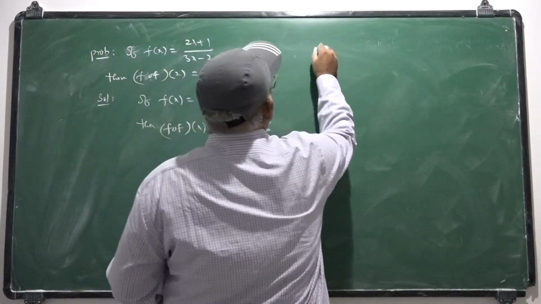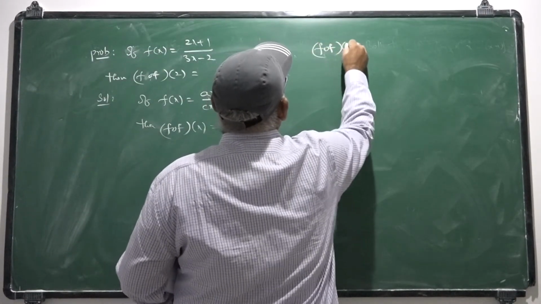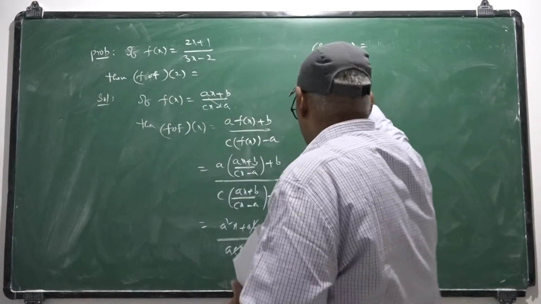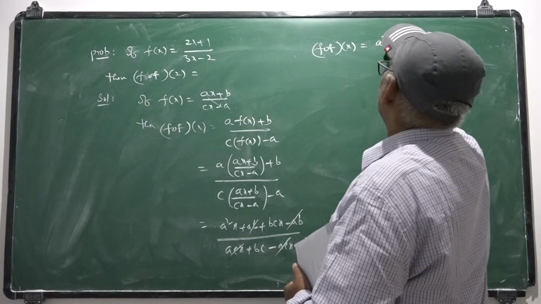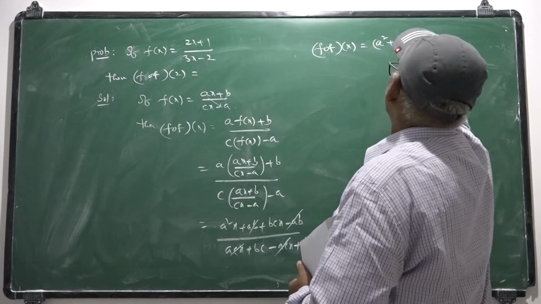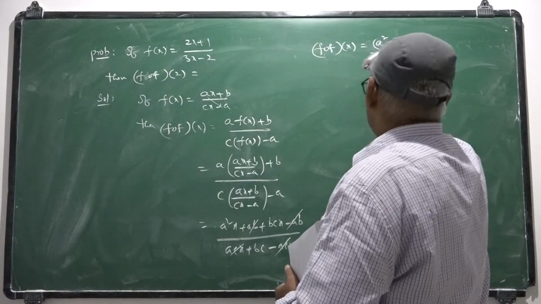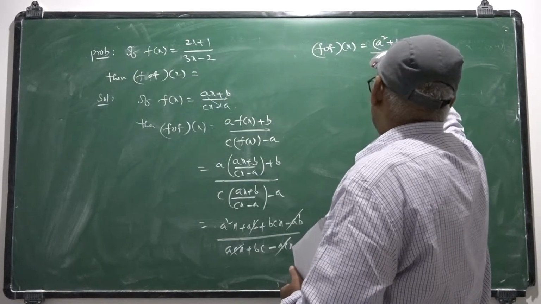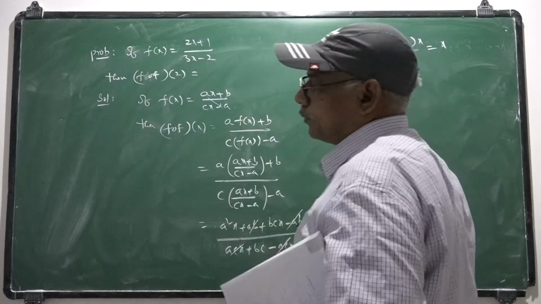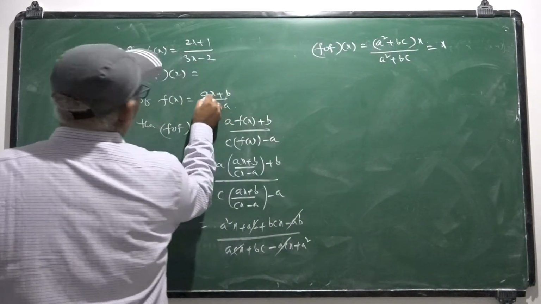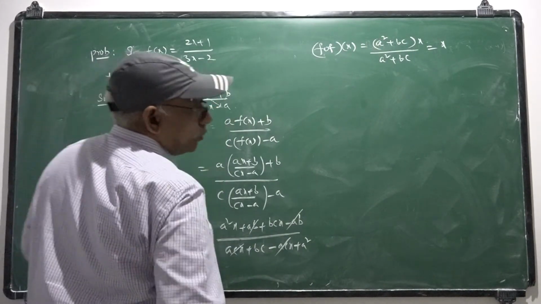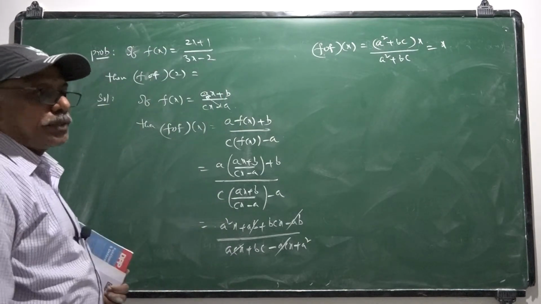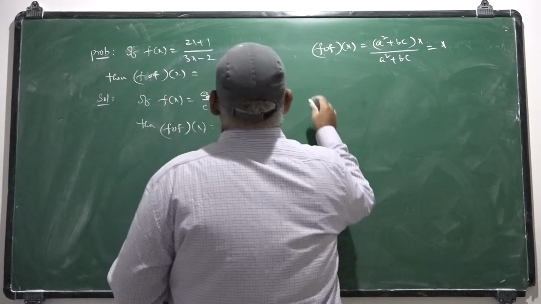So f circle f of x is, taking x common in the numerator, we get a square plus bc into x by the denominator we get a square plus bc, which is equal to x itself. Once these two are equal, f circle f of x is always x.